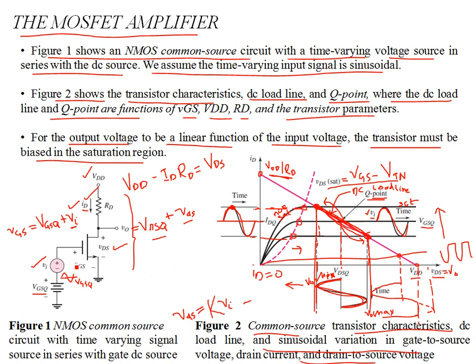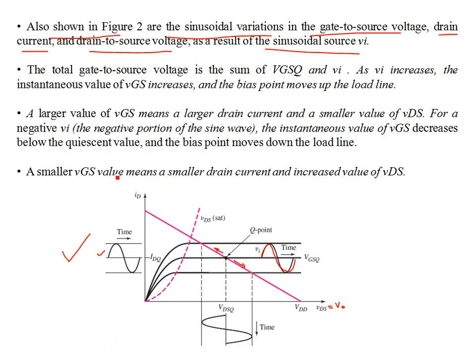At the gate you have an alternating signal which is producing an alternating component of the drain current, and then due to the alternating component of the drain current, you have an alternating output voltage. So you have a DC output voltage, and then you have an alternating AC component of the drain source voltage, which is the linear amplification of Vi. So this is all due to this sinusoidal time varying input voltage Vi.